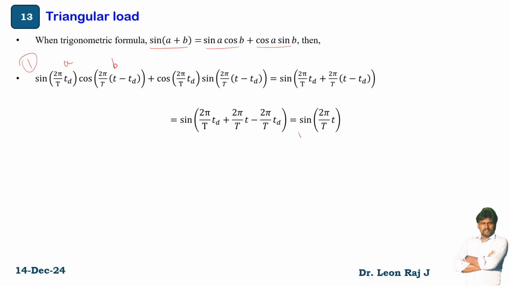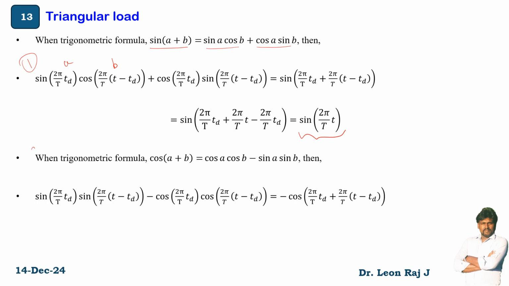So it is further simplified as sine into 2 pi divided by capital T into small t. Then your second term, that is cos a plus b equal to cos a cos b minus sin a sin b. So this is your a term and this is your b term.